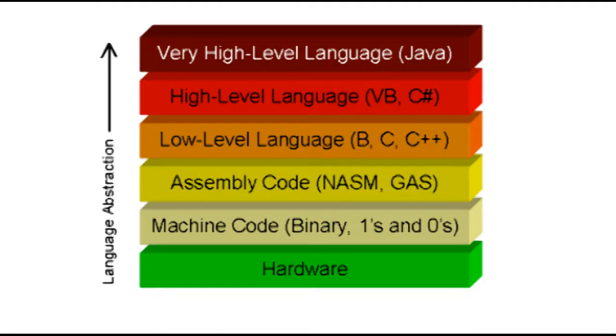Assembly language is a special language designed to allow programmers to write code easier instead of having to write specifically in machine code. Then comes the low-level languages, such as C and C++, which compile into machine code just like assembly does, except there's more abstraction between C and C++ and assembly.